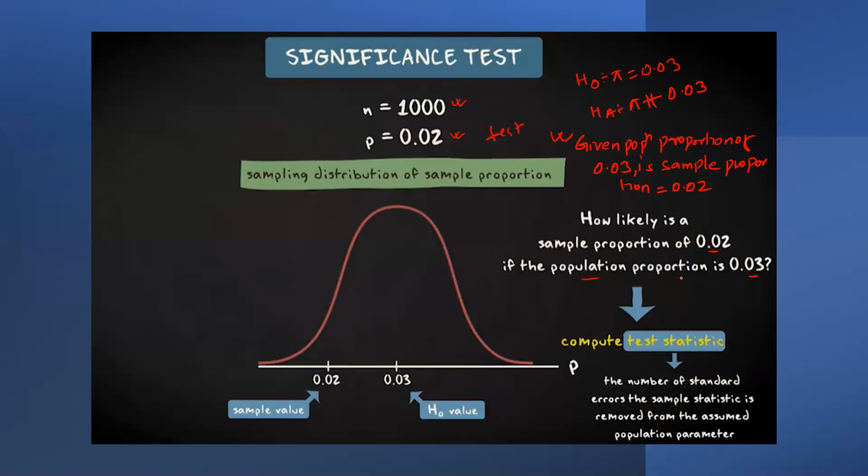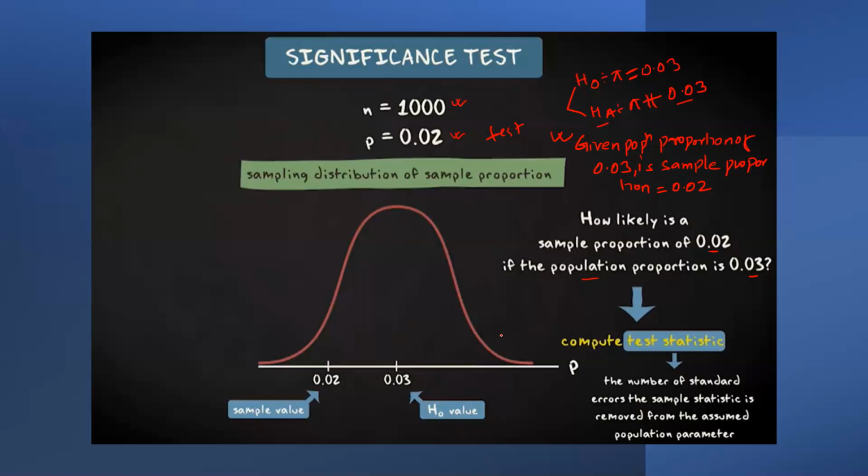My population proportion will always be in the null and alternative hypotheses. The null hypothesis will be that the population proportion equals 0.03, and the alternative hypothesis will be that the population proportion is not equals to 0.03.